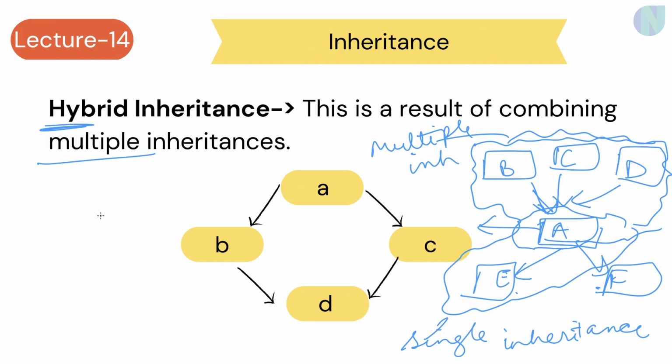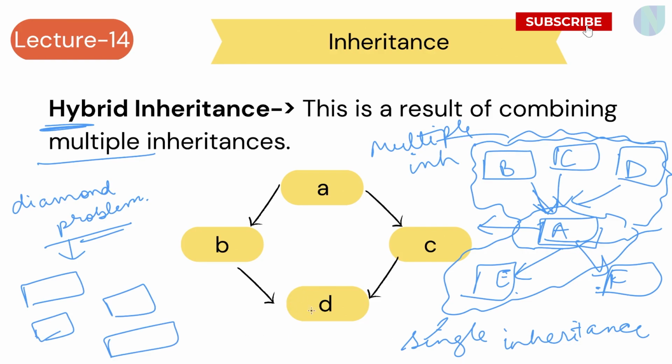Now, there is one thing called the diamond problem. I don't know if you guys have heard about this or not. So what happens in this? We can take the example of this particular thing as well. When there is one derived class which is inheriting the attributes of two base classes.